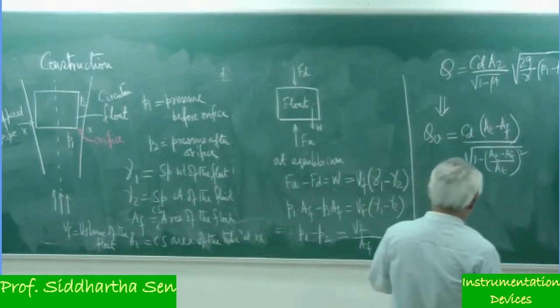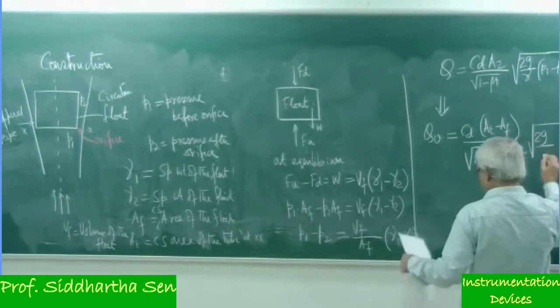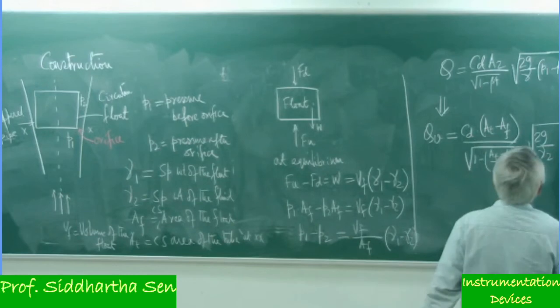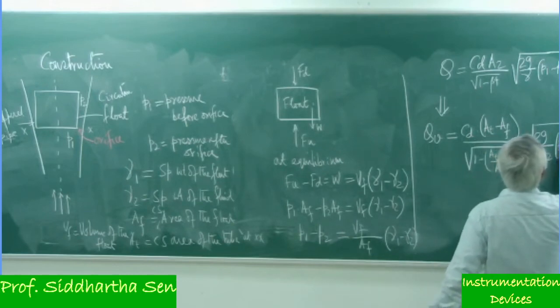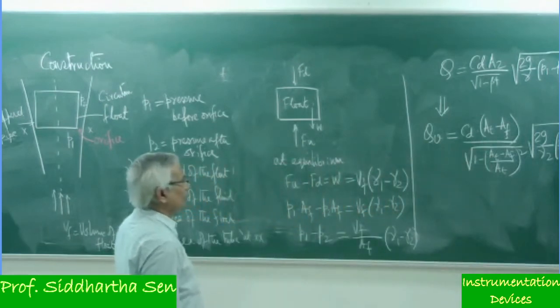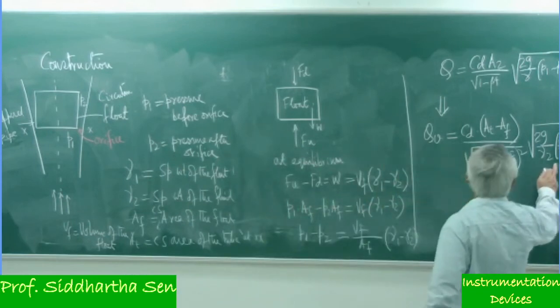And this is equal to 2g by gamma 2, because it is of the fluid, and here it is P1 minus P2. Is it all right? Can you see it? Okay, this is visible.